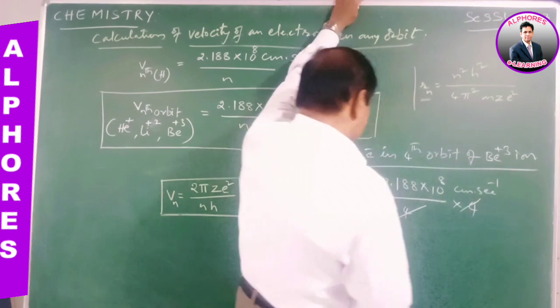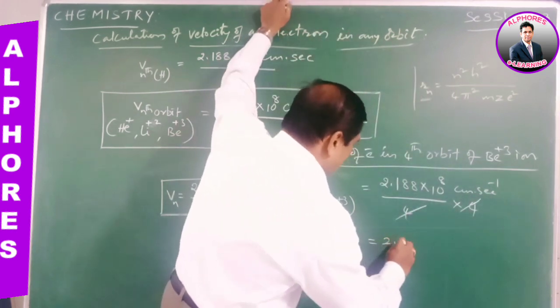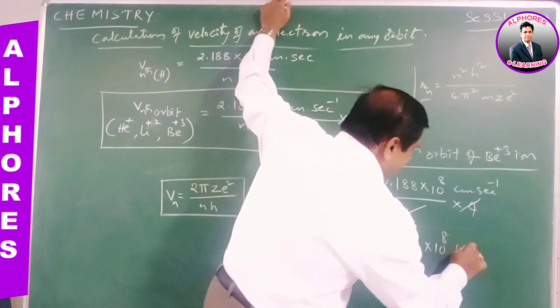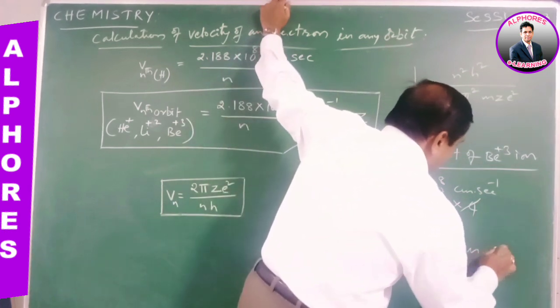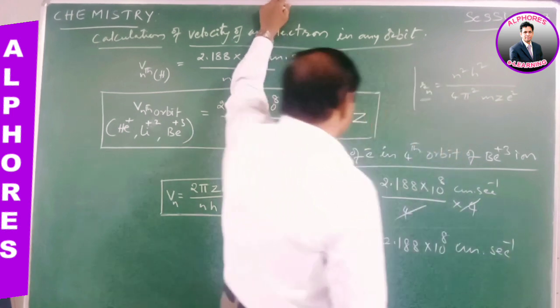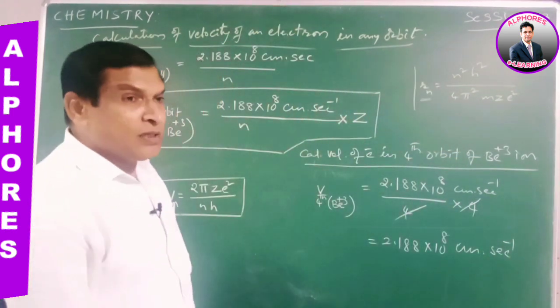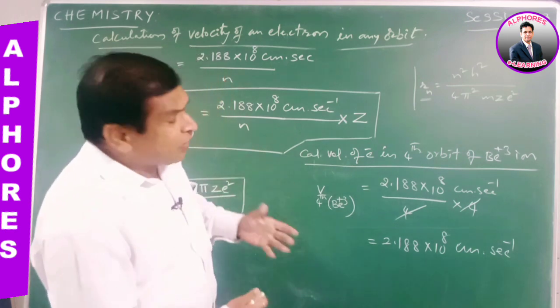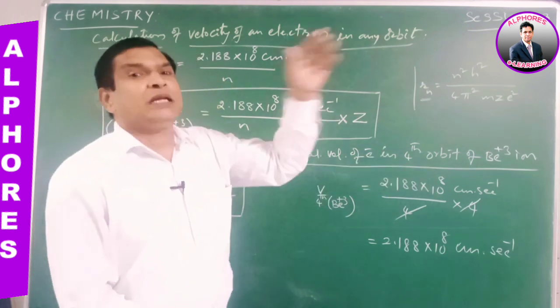So that is equal to 2.188 × 10^8 centimeters per second. That means the velocity of the electron in the first orbit of hydrogen is equal to the velocity of the electron in the fourth orbit of beryllium.